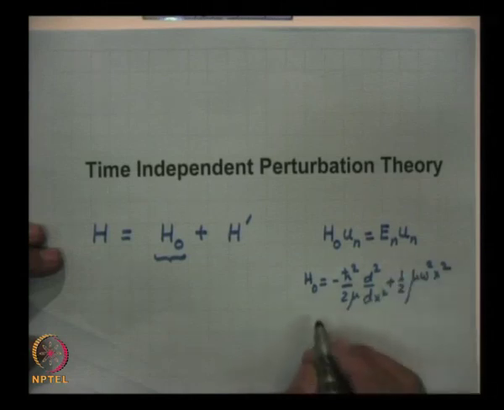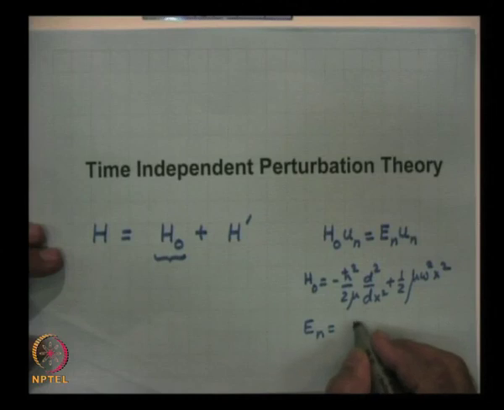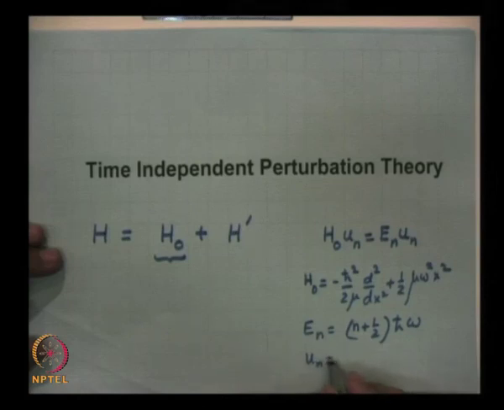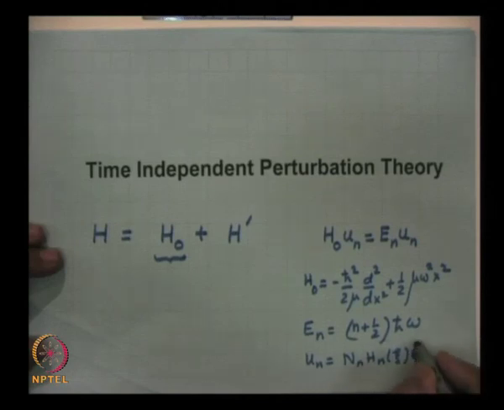So, what are E n and u n? The E n we know is equal to n plus half h cross omega, and the u n are the normalized Hermite Gauss functions, or H naught may be the Hamiltonian corresponding to the hydrogen atom problem.